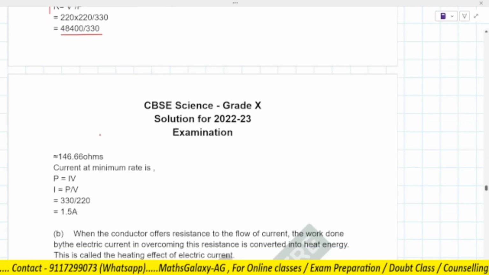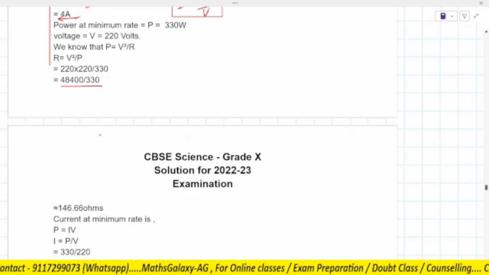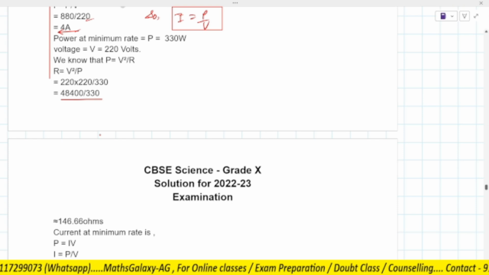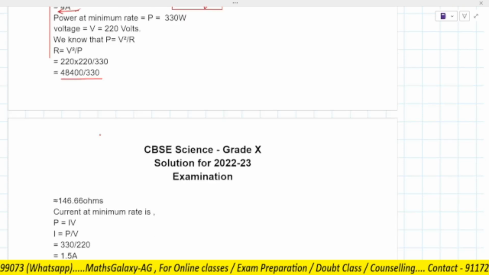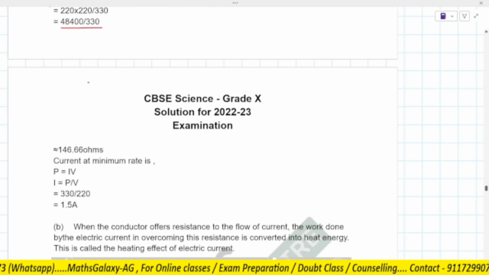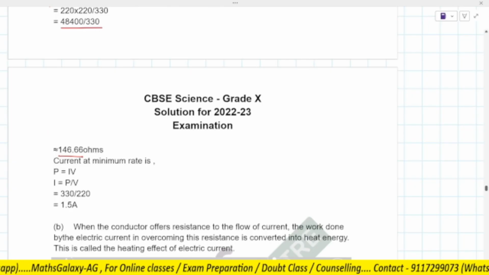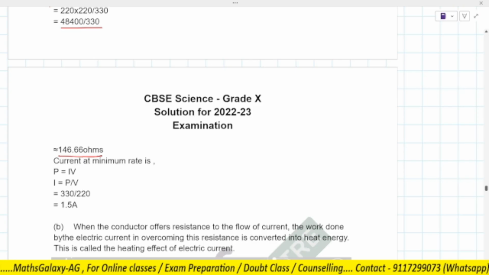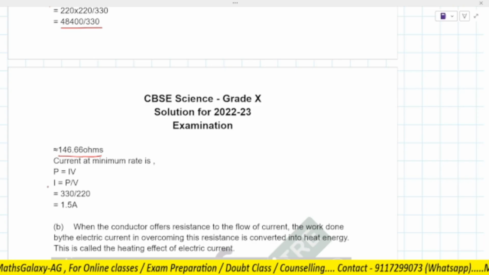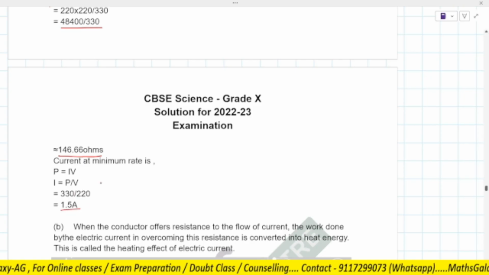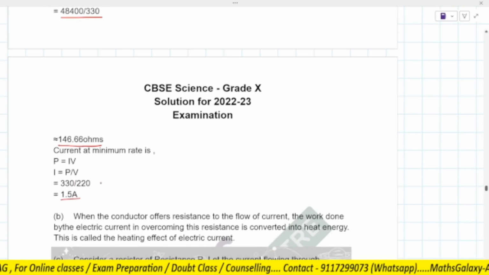So it will be 48,400 divided by 330, which will be approximately equal to 146.66 ohm. Is it clear? Now after that you have to find the current for this case, so it will be 1.5 ampere.